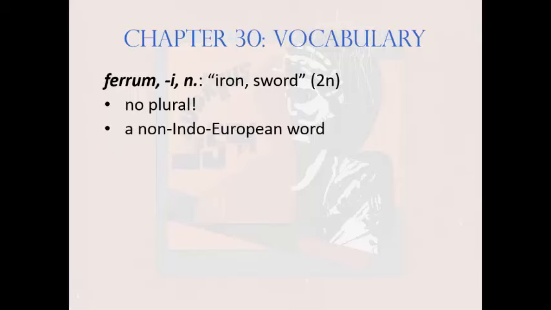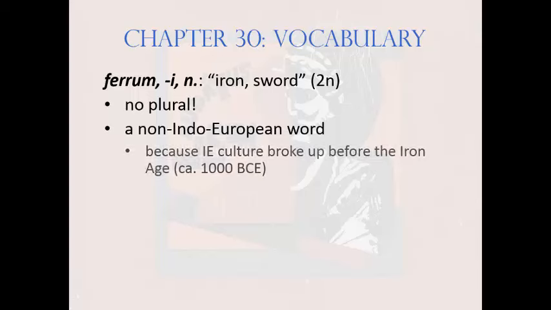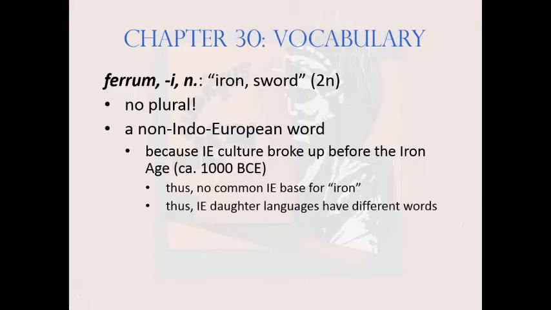Nor is ferrum an Indo-European word, which is not at all unexpected since Indo-European culture began breaking up before humans started using iron to make tools and weapons. Naturally, then, there was no word in Proto-Indo-European for iron, and each daughter culture had to come up with its own term for the new metal.